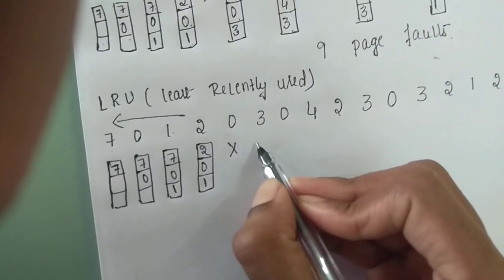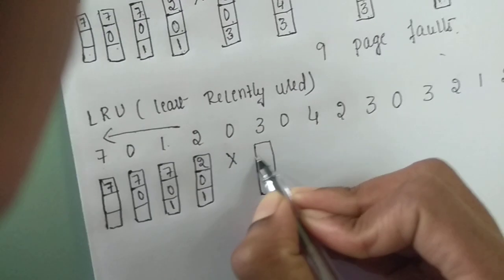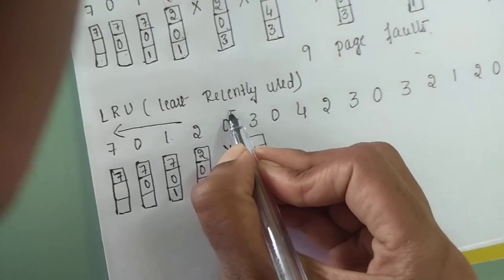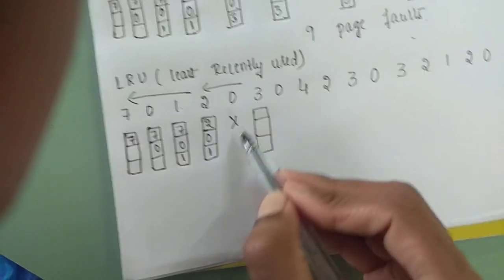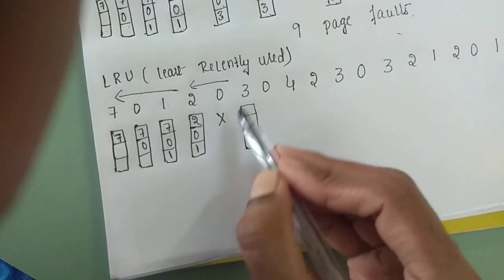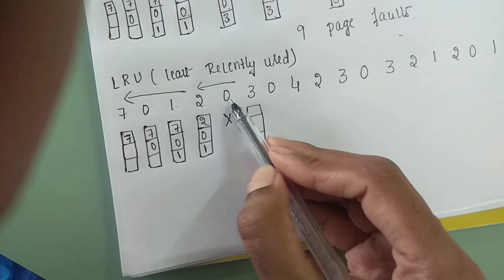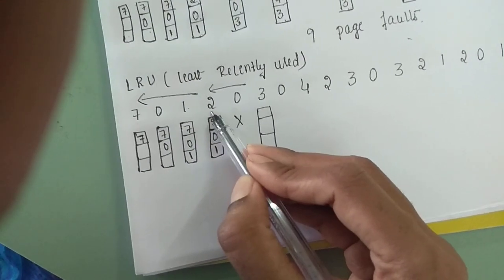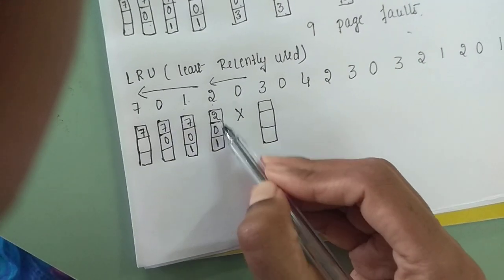Then we need to insert 3, so draw a box under that one and search in the left direction. 2, 0, 1 we need to check. 0 is in the very immediate position, so we cannot replace 0. 2 is next to this 0, and 1 is the last compared to 2, 0, 1.